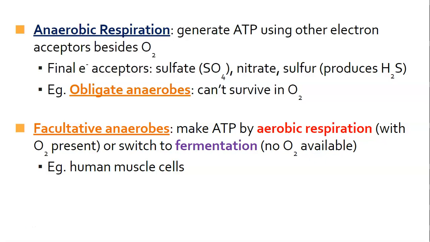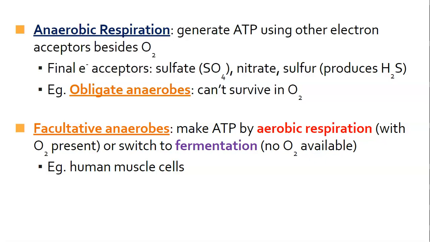There are also things called facultative anaerobes, which basically are equal opportunity. When oxygen is present, that is what they prefer. It is aerobic respiration at that point because you are using oxygen. It's way more efficient. It makes way more ATP. But if oxygen is not available, it's able to switch over to fermentation, which is the process of doing essentially anaerobic respiration without oxygen.